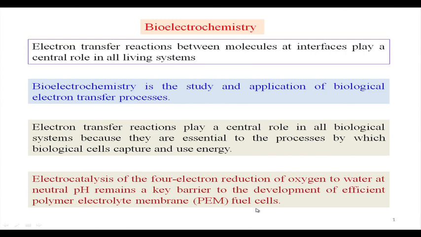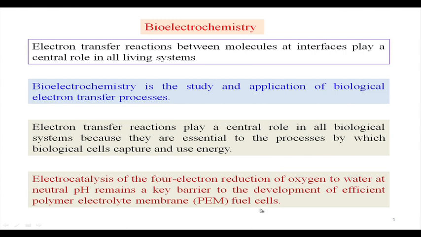So, now we are talking in a single line about so many important things to be understood. We are getting all this information from the biological world, the electrocatalysis for a very simple substrate like the O2 molecule that you sense with your Clark oxygen sensor, but at neutral pH, not driven by acidic or basic pH, it remains the key barrier for the development of efficient PEM fuel cells.